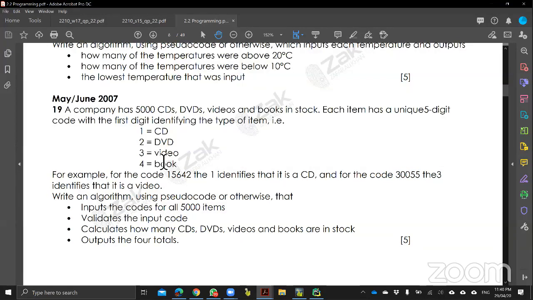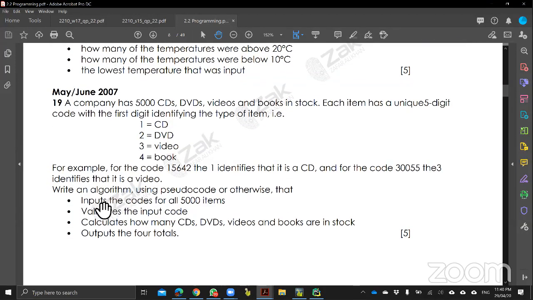So what we have to do is input the codes for 5,000 items here, and then calculate how many were CDs, how many were DVDs, how many were books, and then output the 4 totals. Over here, the term total is used for the counts.